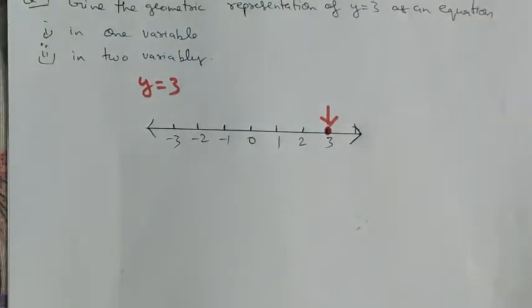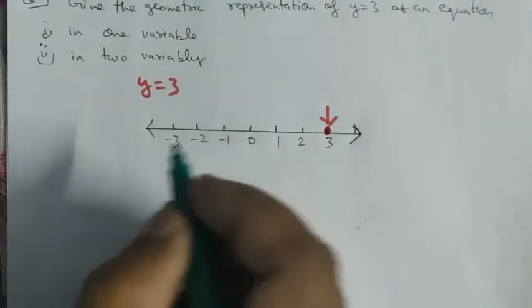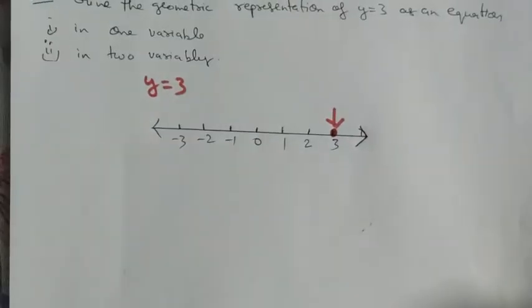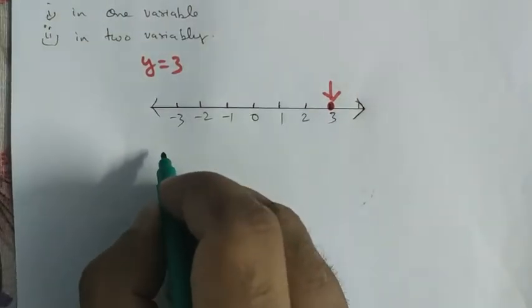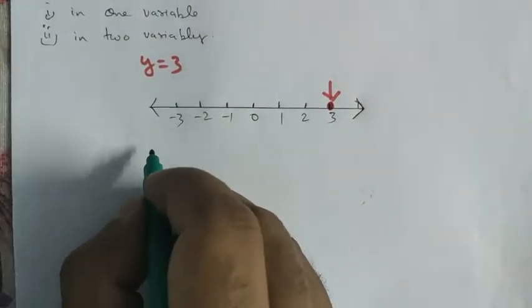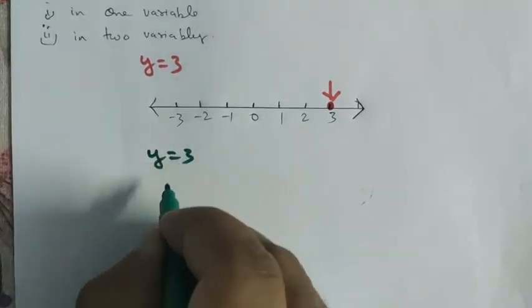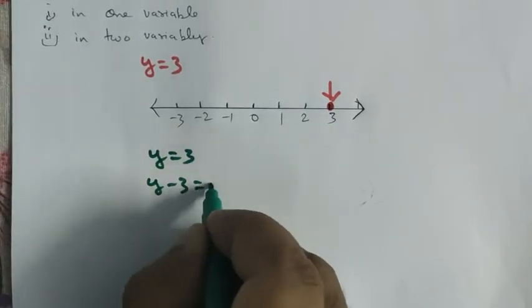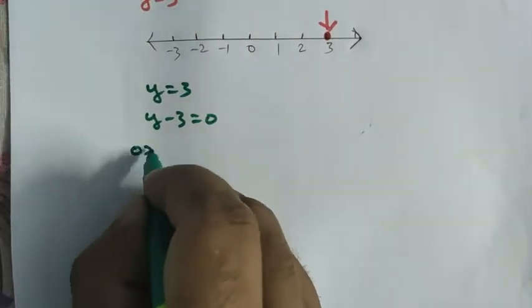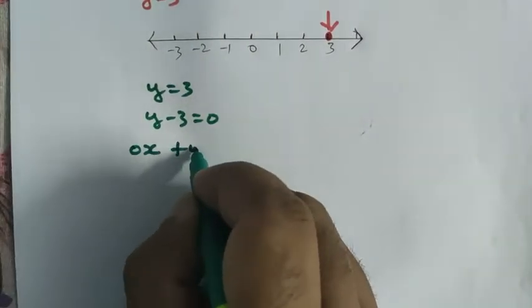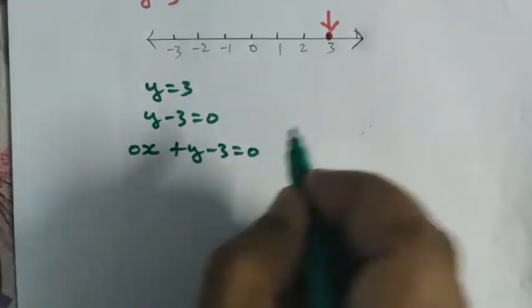But if we have to plot in two variables, first of all we will convert it into the form of a linear equation in two variables. y equals 3 can be written as y minus 3 equals 0, that means 0 times x plus y minus 3 equals 0.